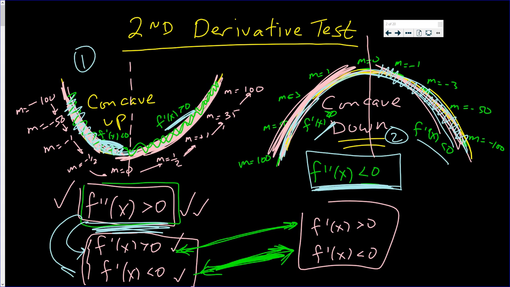Knowing something about the slopes, that is, knowing something about the first derivative, tells you nothing about the concavity. Get that out of your head. There's no connection between them. None. Zero.